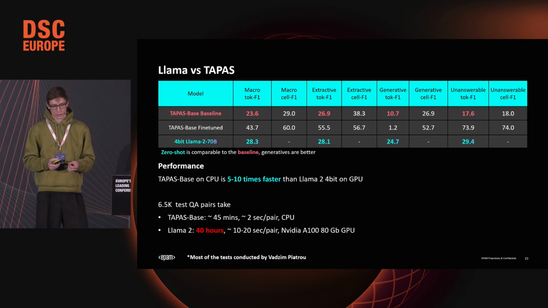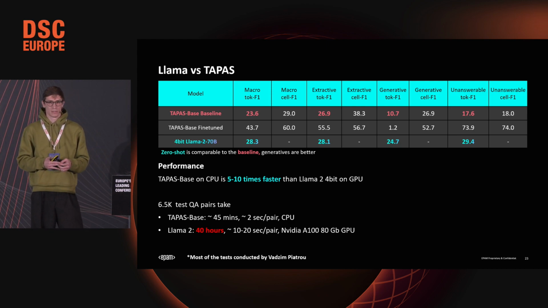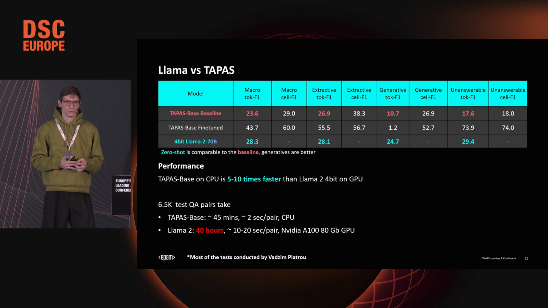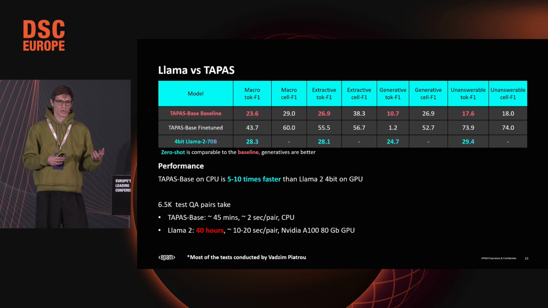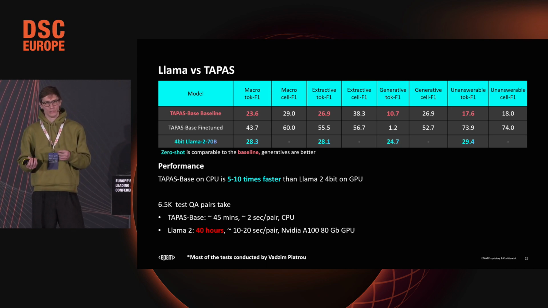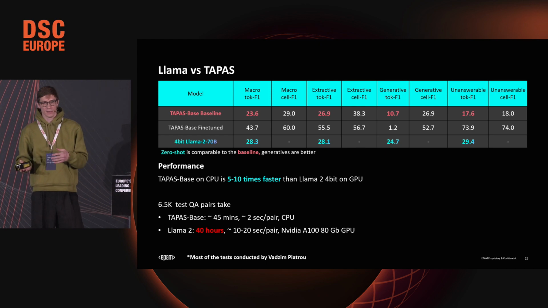Another thing to note here is performance. In our experiments, Llama 2 on GPU was about 5 to 10 times slower than Tapas on CPU. Today, you can actually remove that gap in latency with things like vLLM, so the speeds can be comparable.